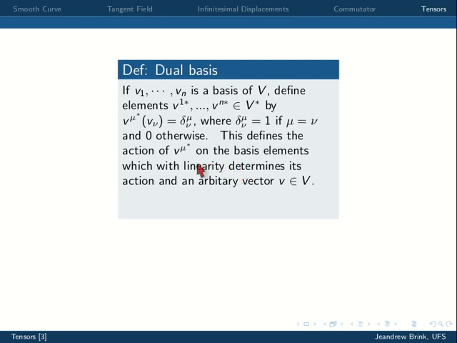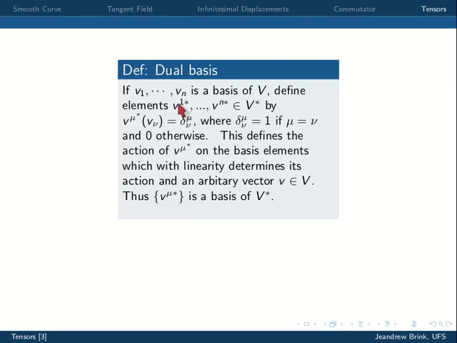Any other vector in V star, if you express it in terms of this basis, you actually know what its behavior is. Suppose you now have an arbitrary vector in V, your original vector space, and you have an arbitrary element of V star that is some coefficient times this basis.